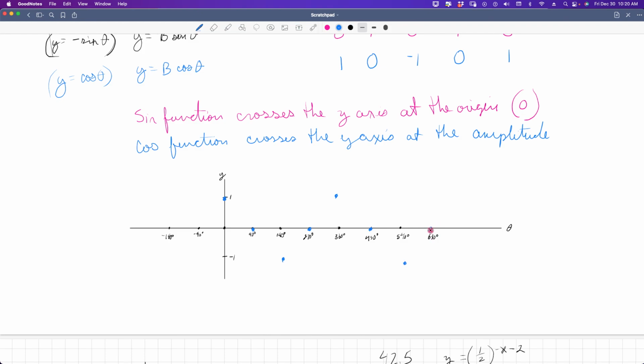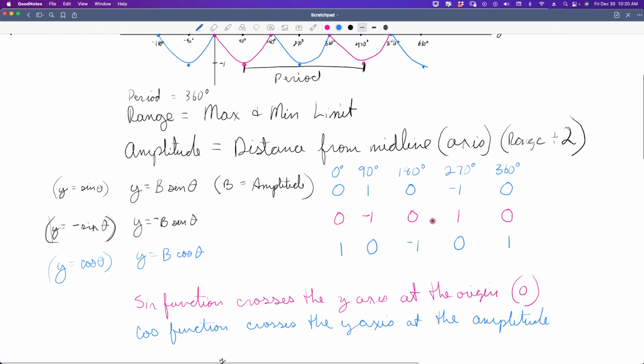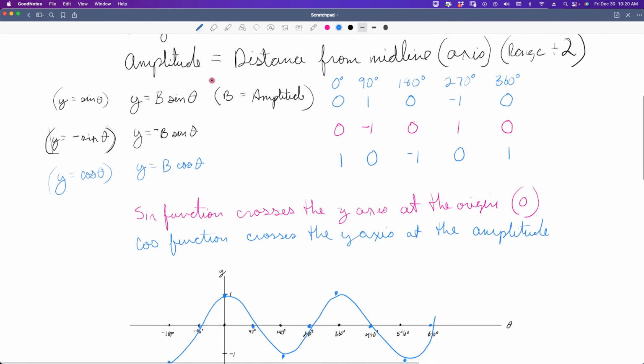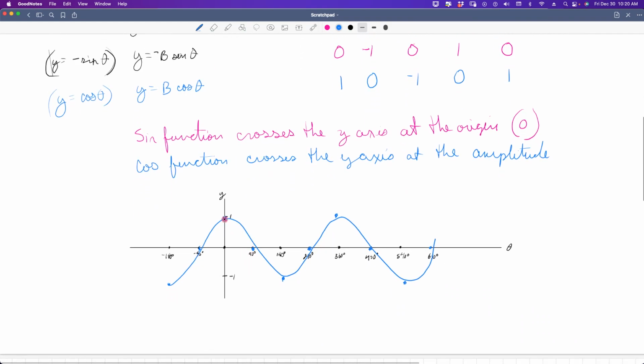So this is what this looks like. You can see it crosses at the amplitude. So that is the difference between the sine crosses the y-axis at the origin and the cosine crosses the y-axis at the amplitude.